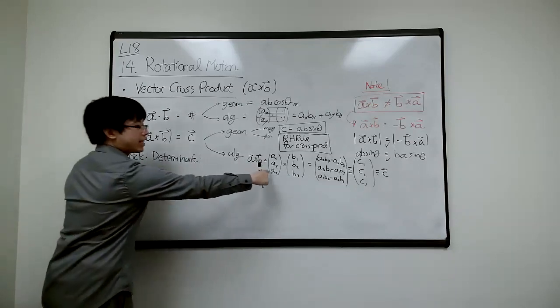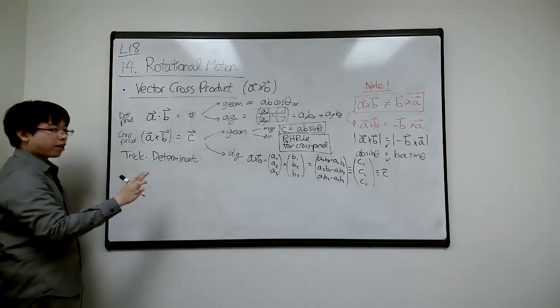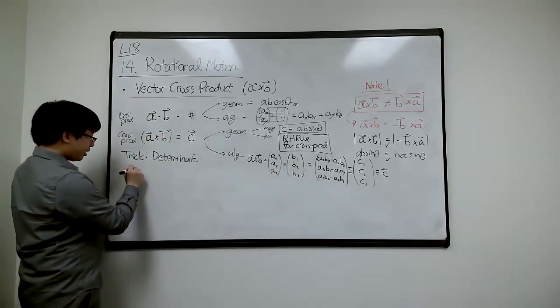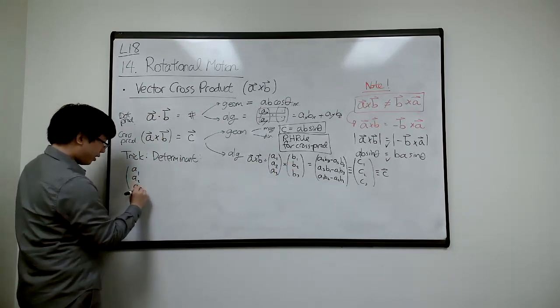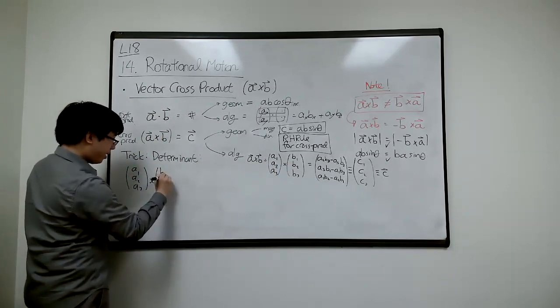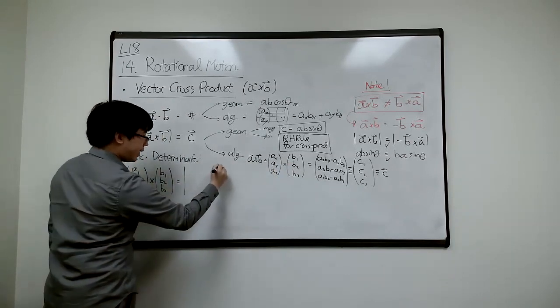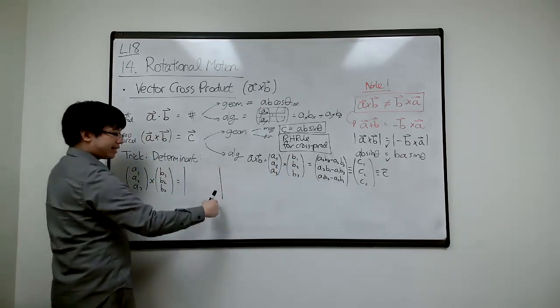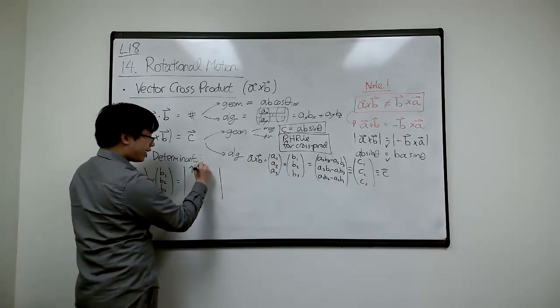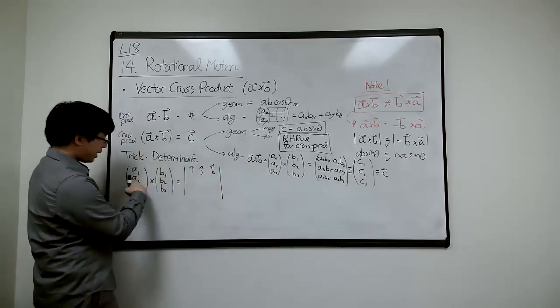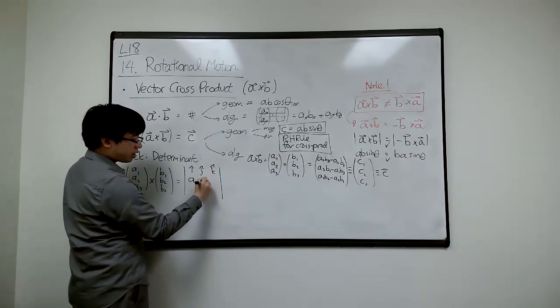If you're given two vectors to cross product, you first take, let me copy that again, 1, 2, 3. You write 2 lines like this, and that means determinant. Then you write ijk, and now take the first vector and put it horizontally over here.